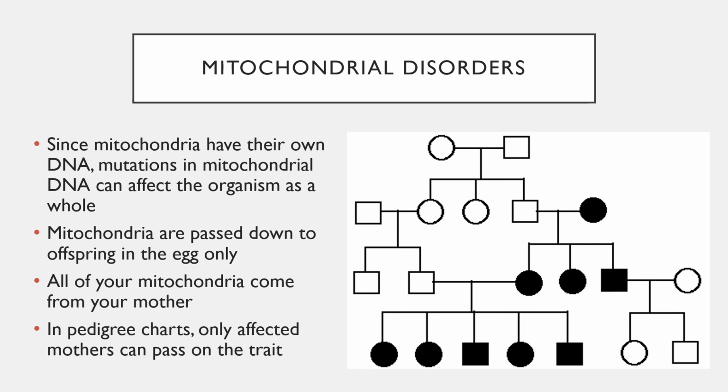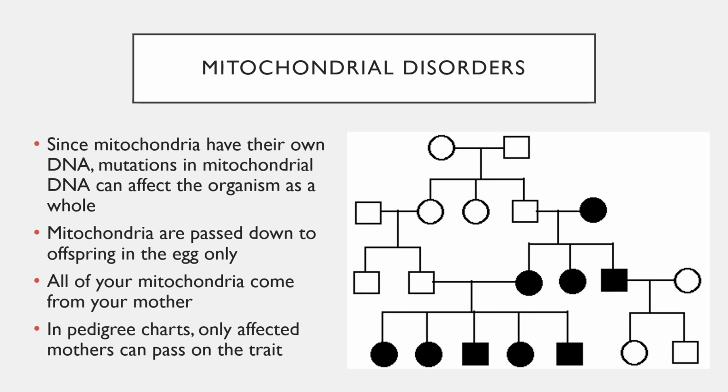So these particular organelles have their own DNA still, and their DNA can be mutated just like ours can. So there's certain types of mitochondrial mutations that lead to disorders or diseases in the organism itself, in the person. Our mitochondria are only passed down through the egg. They're not passed down through sperm. So you get all of your mitochondria from your mother.